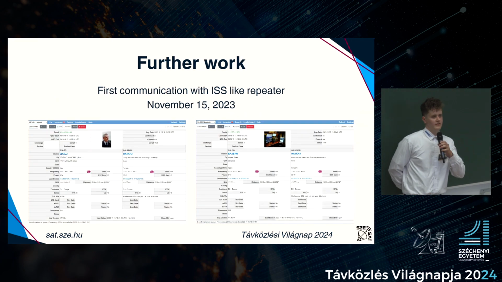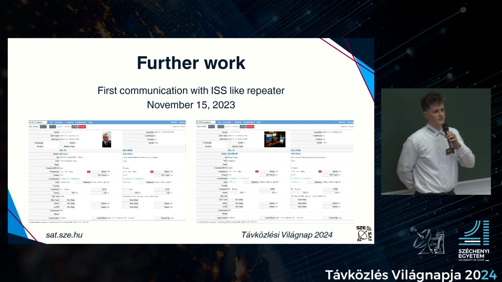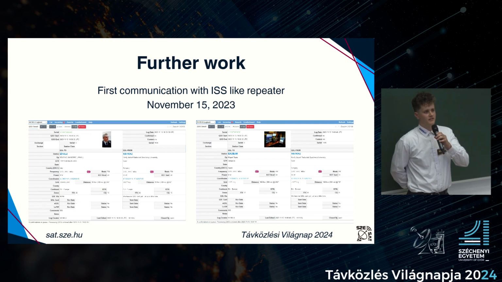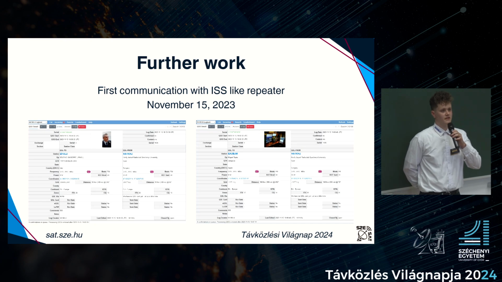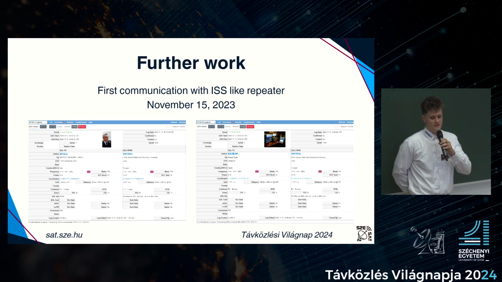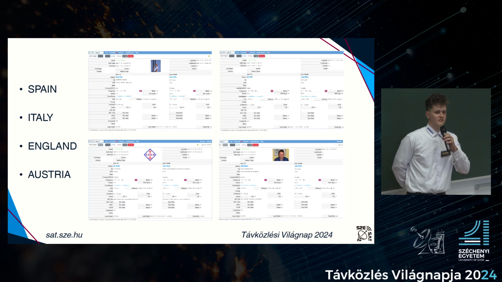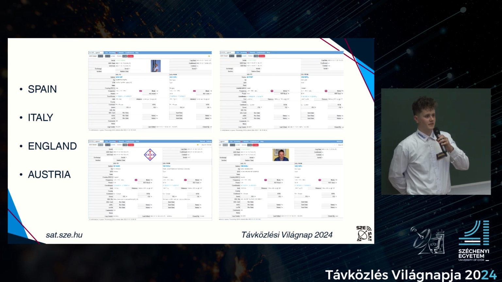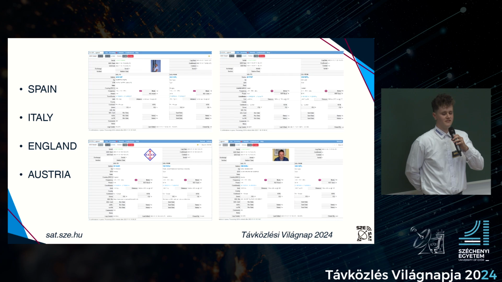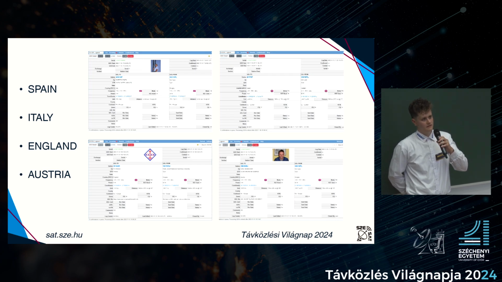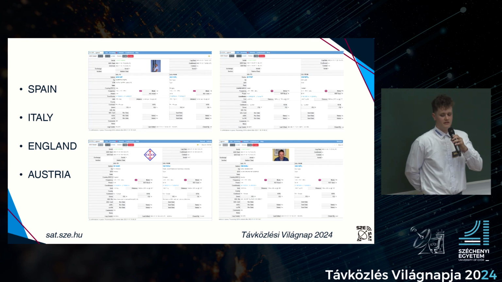Our first connection was on November 15, 2023, with an Italian Earth station and also a Spanish one. We have also made contacts with England and Austria, and we haven't noted the other ones since we were making further contacts.